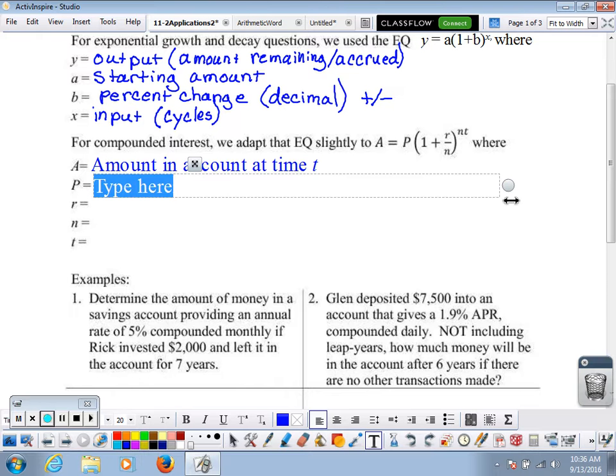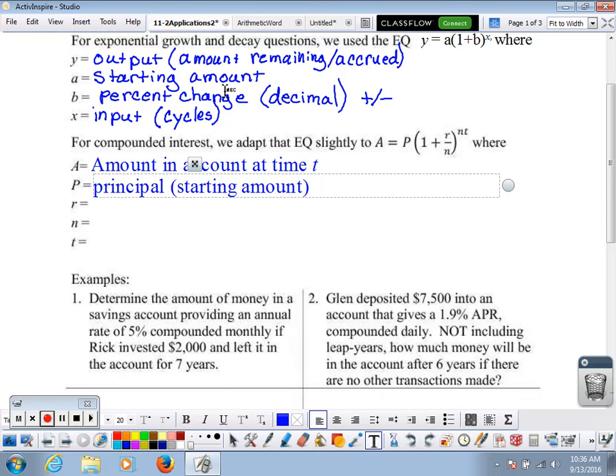And P is in the same place as what? A. And A was the starting amount. Anyone know what we call the starting amount in your bank account? It's called the principal.